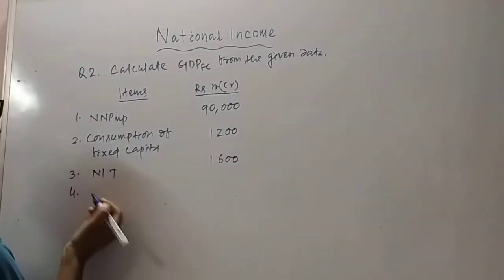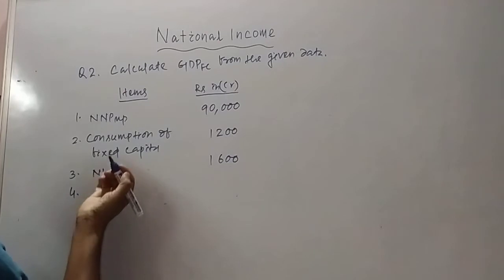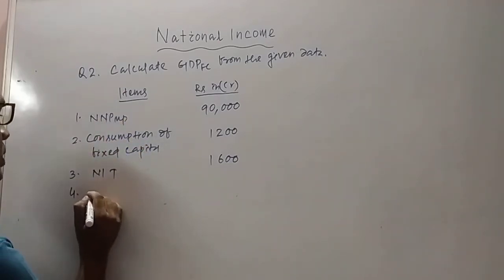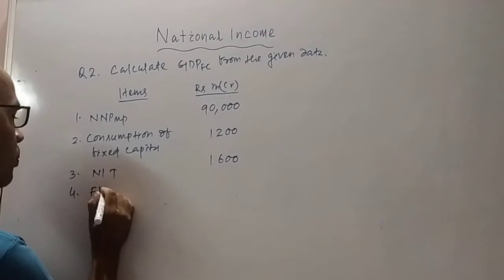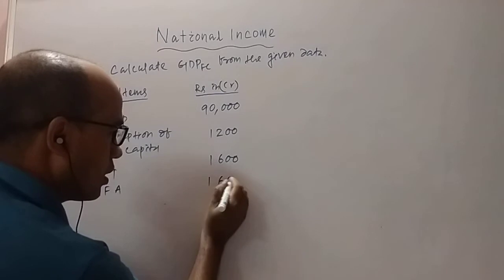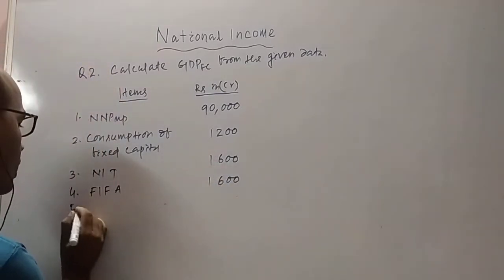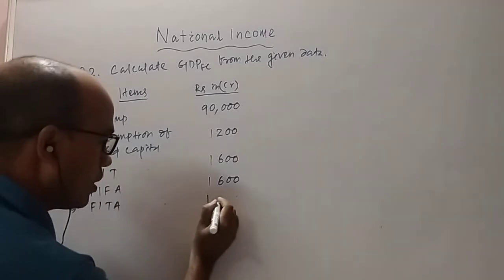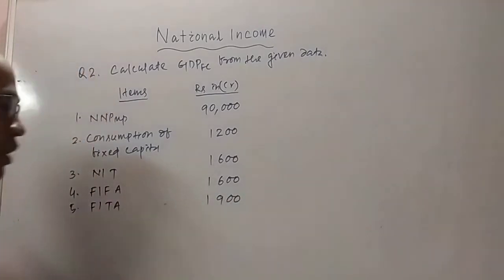After that, which is left, NIT and depreciation. After that, mention FIFA 1,600 and FITA 1,900.